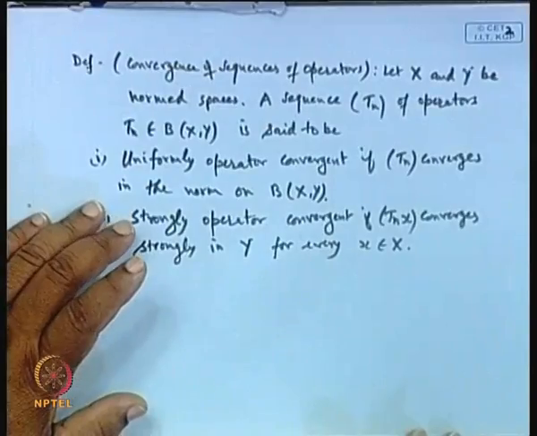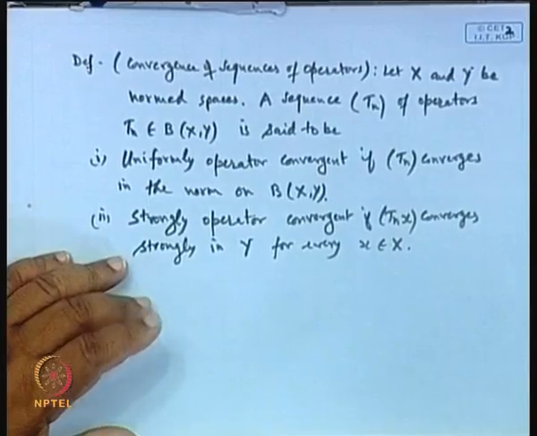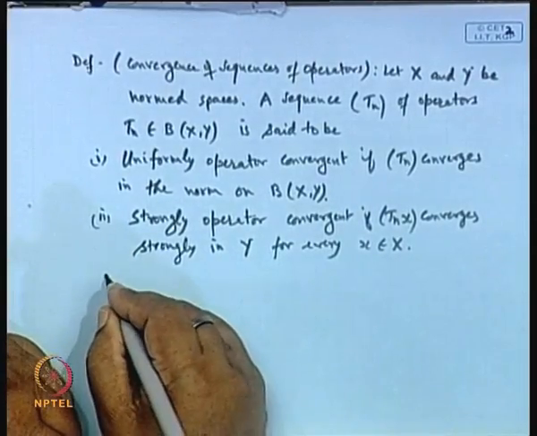Strong convergence means the sequence x n converges to x when the norm of x n minus x goes to 0, and weak convergence means when f of x n goes to f of x for every f belonging to X dash, then it is said to be a weakly convergent sequence. So, here we say weakly operator convergence.